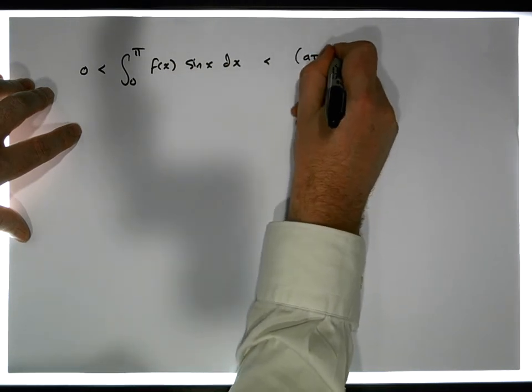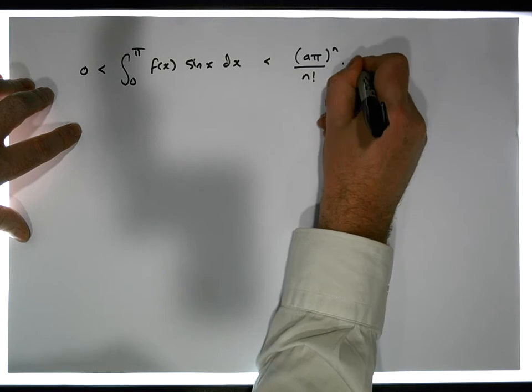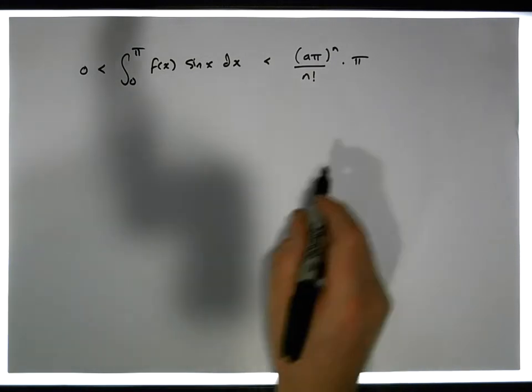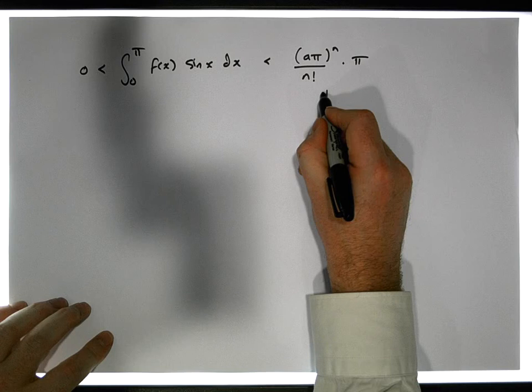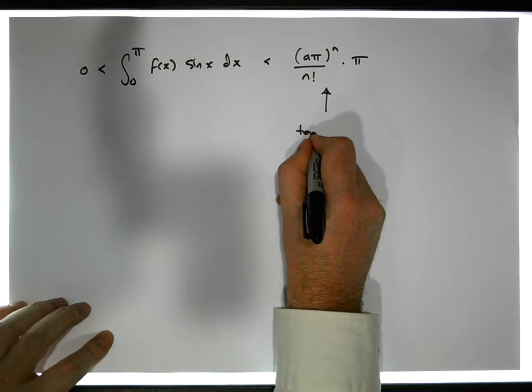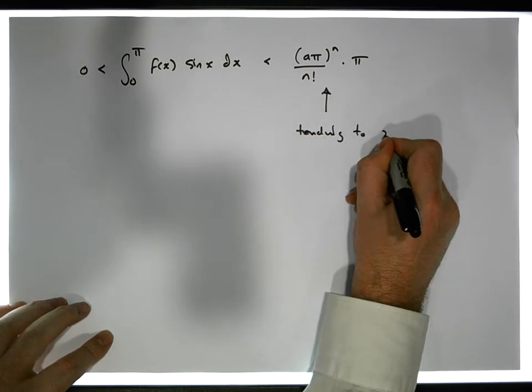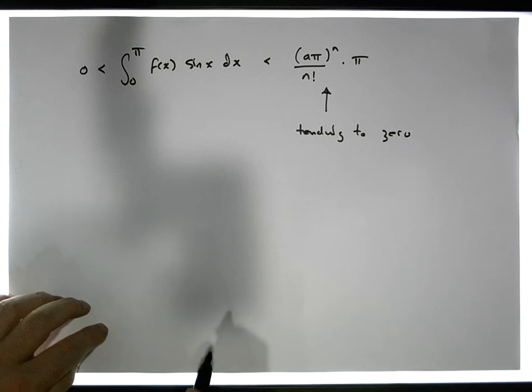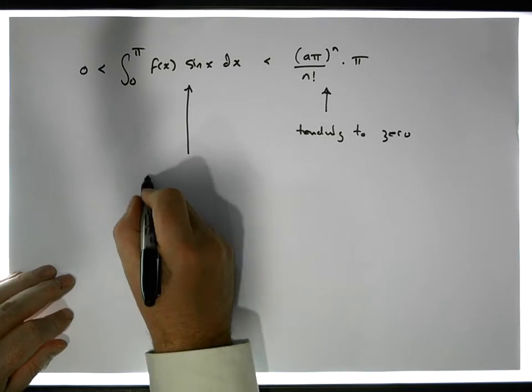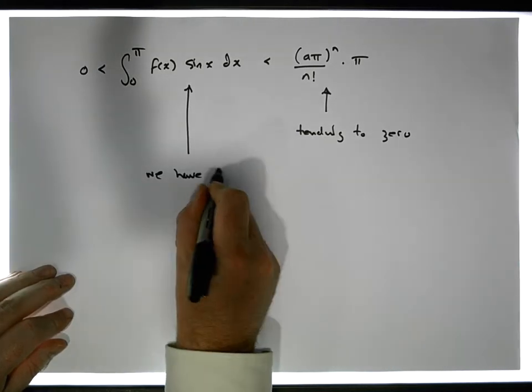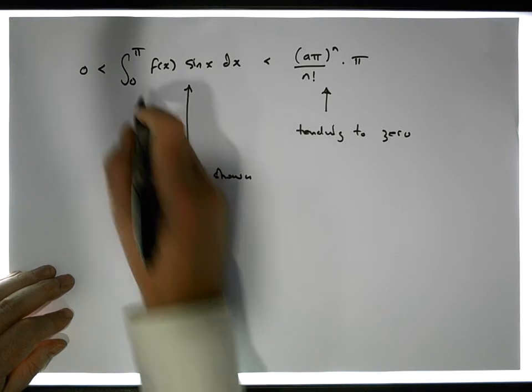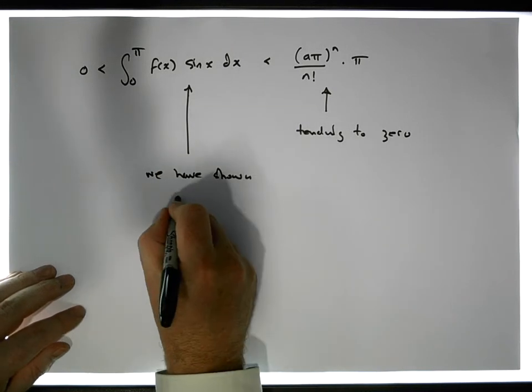So what have we got? Well, this thing here is tending to 0. But we've already shown that this is an integer.